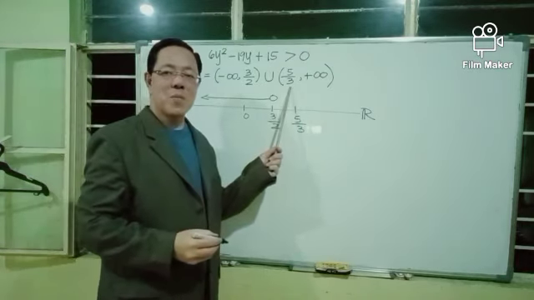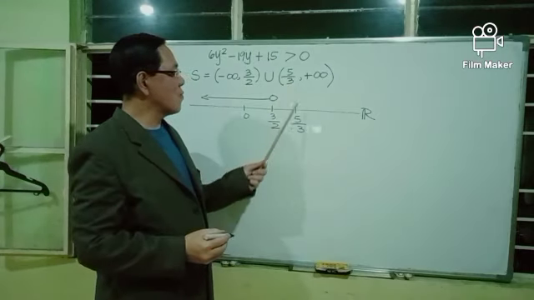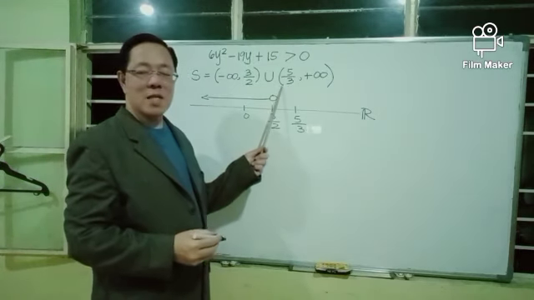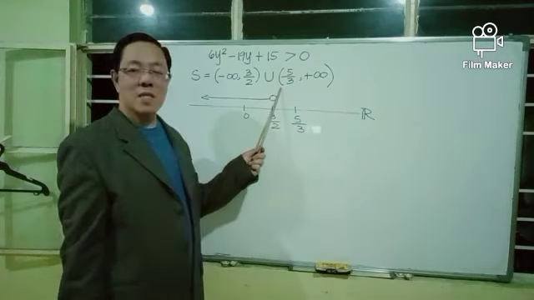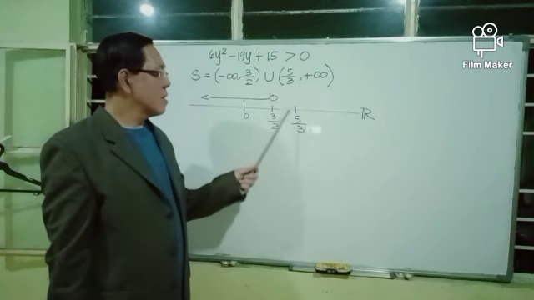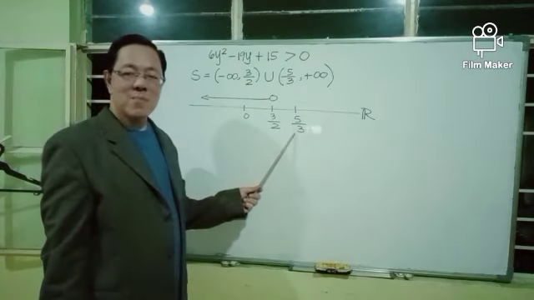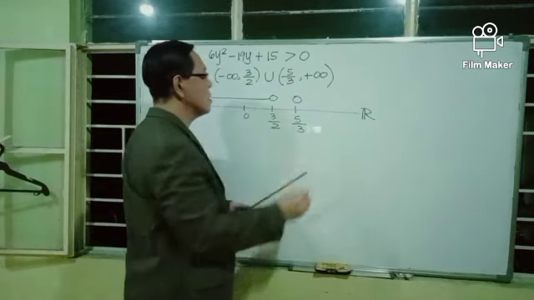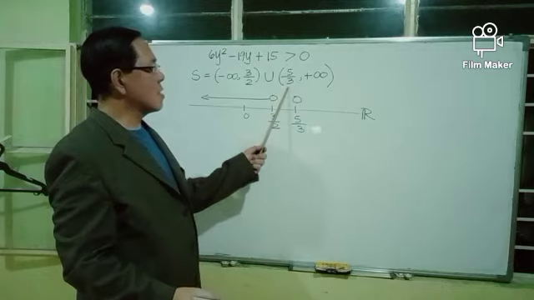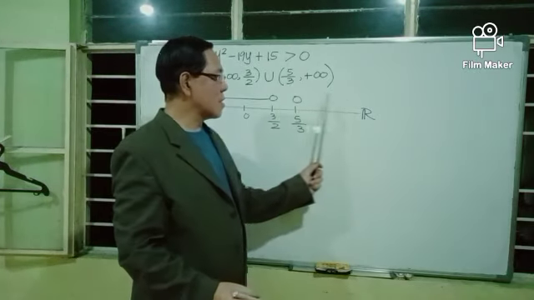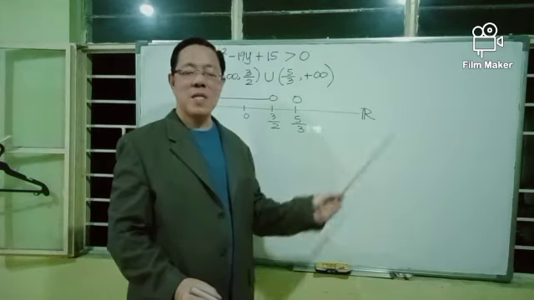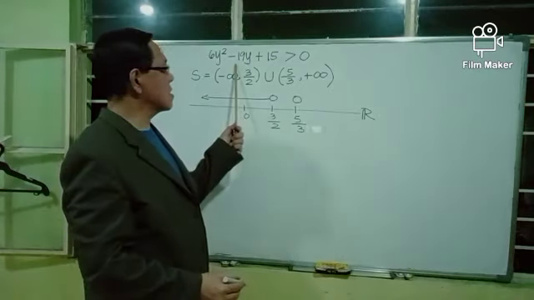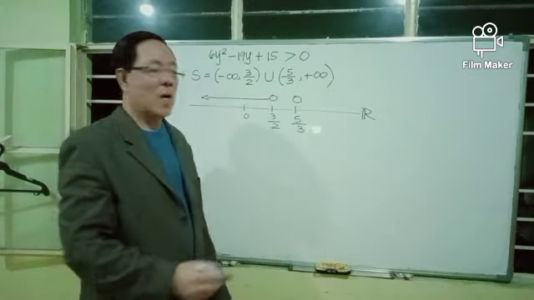The second open interval starts from 5 over 3, but 5 over 3 is not part of the solution as indicated by this open parenthesis. And in the diagram, we indicate that by an open circle. All the real numbers that are greater than 5 over 3 going to positive infinity are solutions of this quadratic inequality.